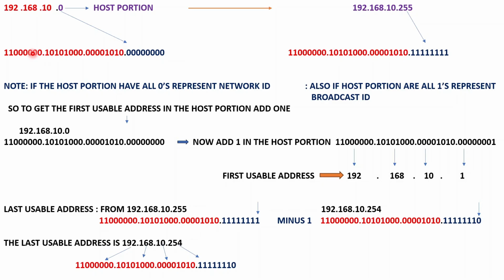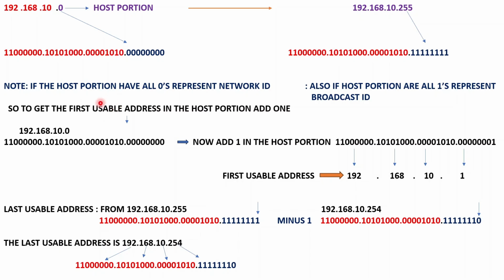So we have 4 octets: the first octet, second octet, third octet and fourth octet. But for this scenario, we are going to exclude these network addresses, because /24 represents 24 bits that represent the network portion. So we don't deal with this network portion, since we are trying to find the first usable address.